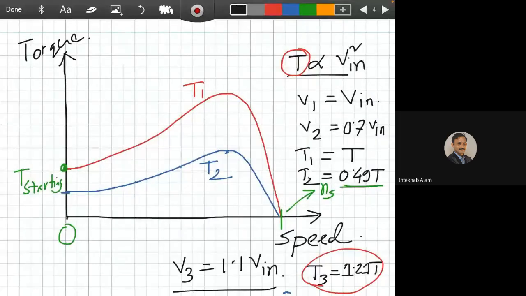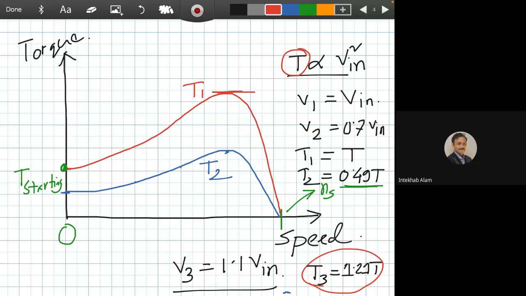So the voltage curve is actually different from the frequency curve. This is the voltage curve, and that is the frequency curve. Using this curve, we can see that this is the peak torque, and in frequency we can control up to this.